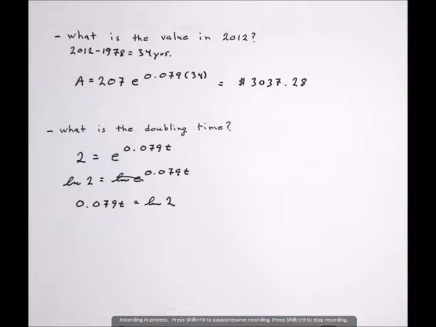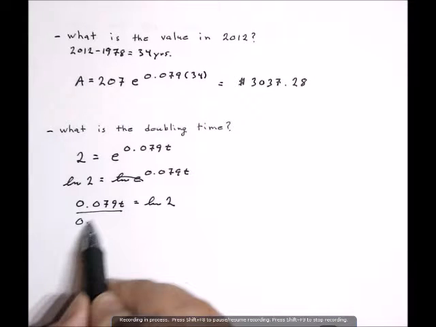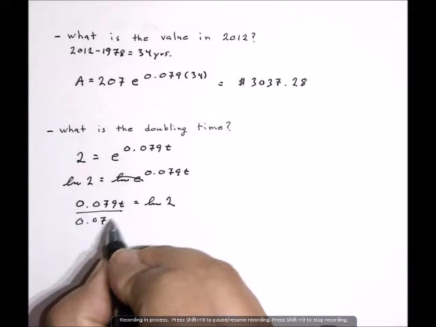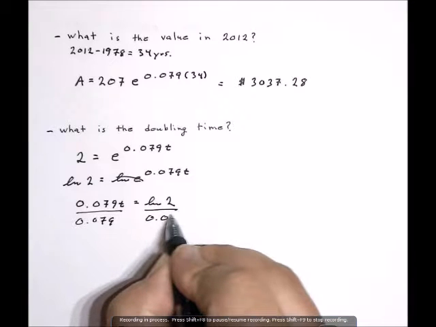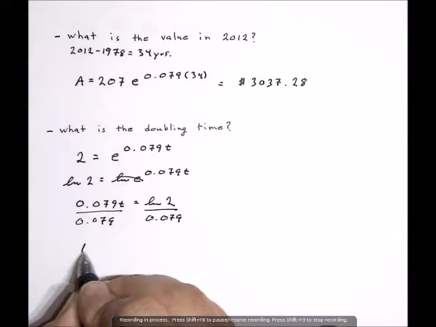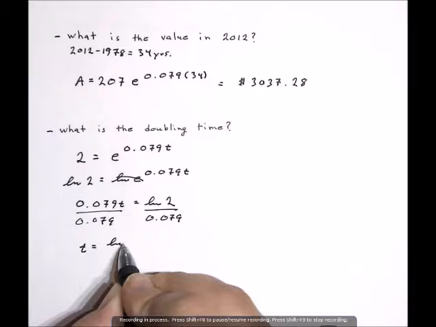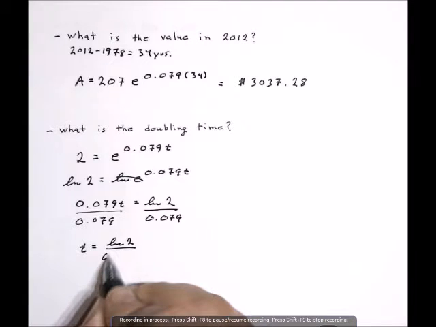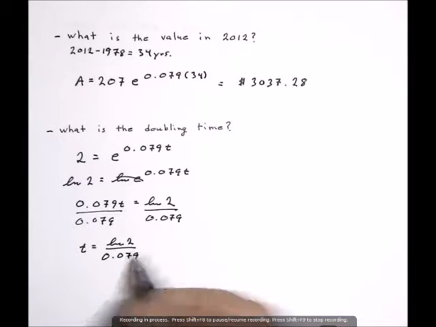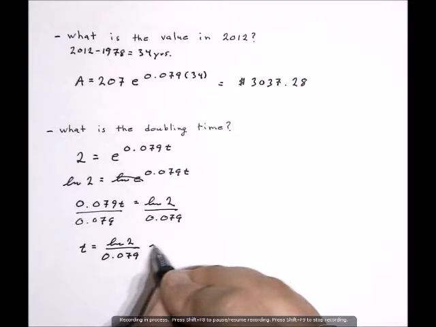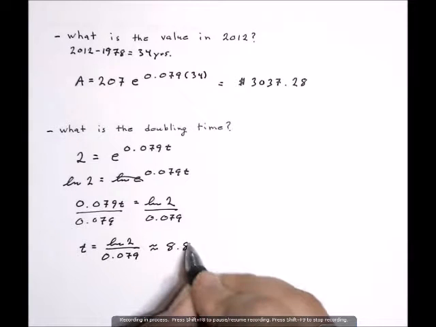It doesn't matter if you leave them on the right. And divide by the coefficient. So t is the natural log of 2 over 0.079, which is going to be approximately 8.8 years.